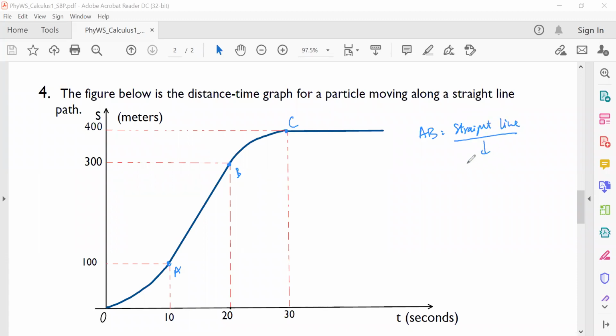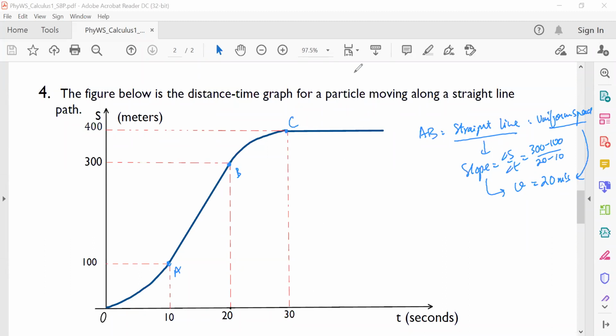It has a slope of delta S by delta T, so 20, and this is in meters, this is in seconds. So this part has a uniform speed, which is equal to this much.